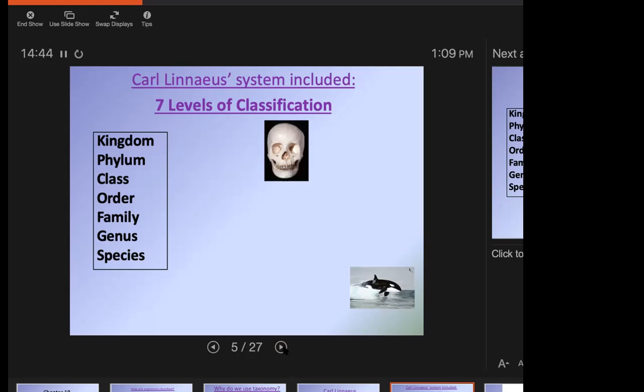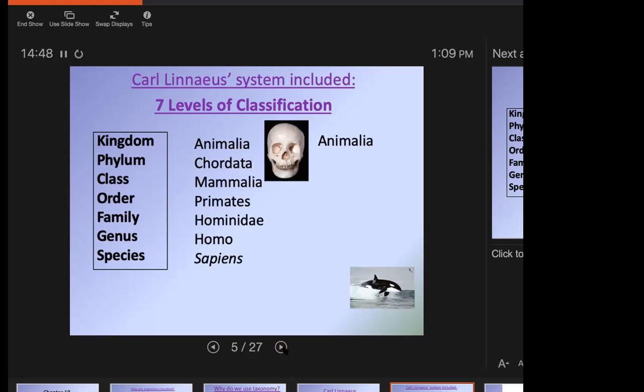This is our classification. We belong to the kingdom Animalia, the phylum Chordata. Chordates are animals that have a backbone, the vertebrae that we talked about. Class Mammalia, mammals.